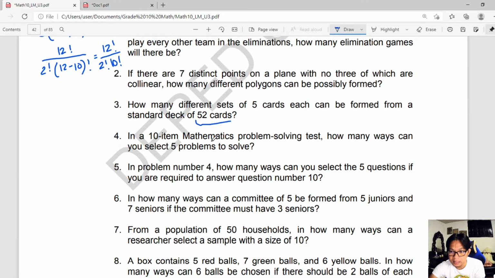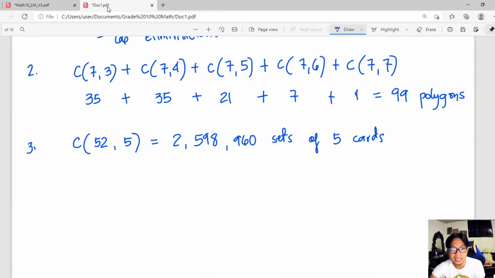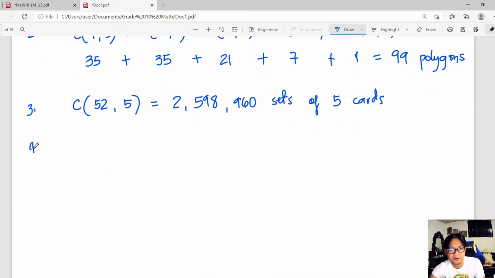So, ang tinatanong dito, ilan daw yung ways can you select 5 problems to solve? So, that is, for number 4, combination of 10 items taken 5 items at a time. So, kailangan mo lang sagutan yung 5. Ilan yung combination? So, that is 10 combination 5.